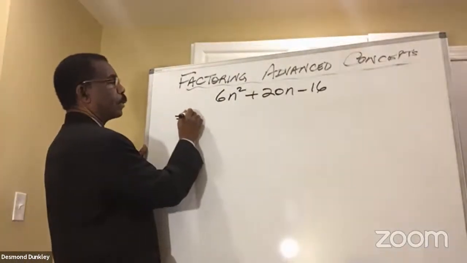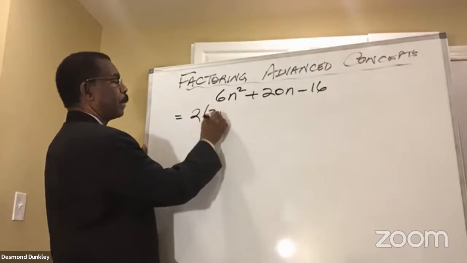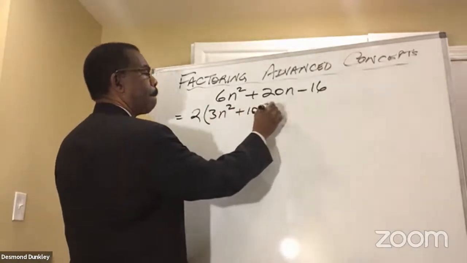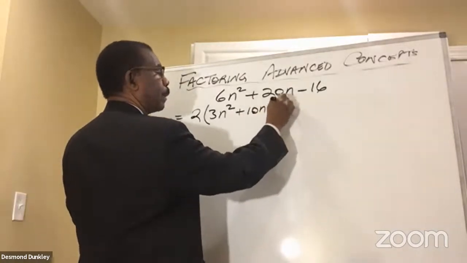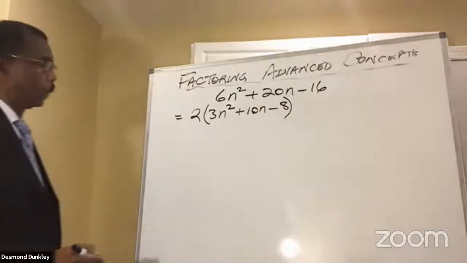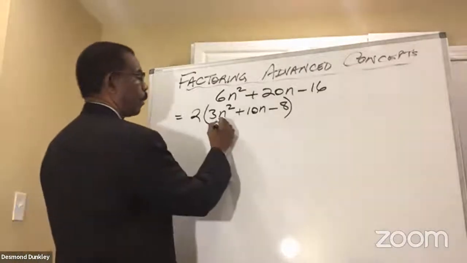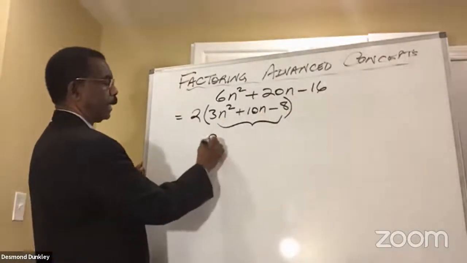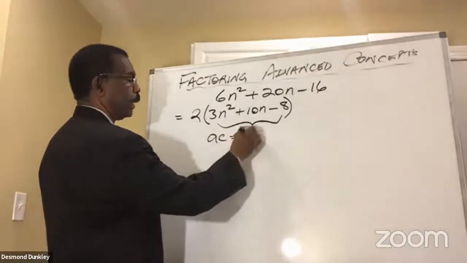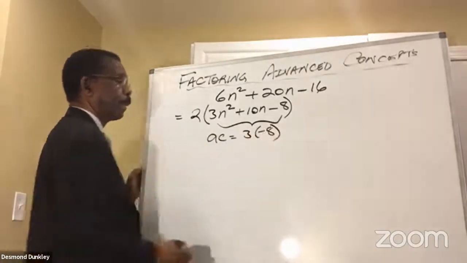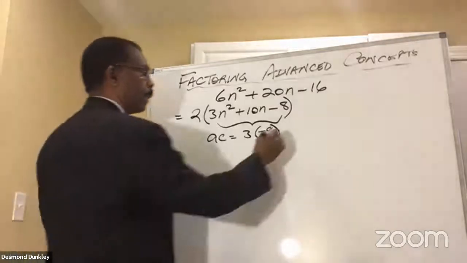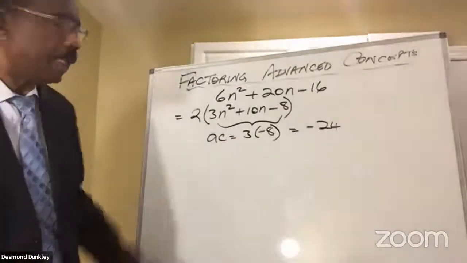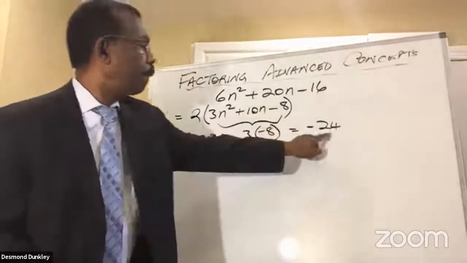So this is equal to 2 times 3n squared plus 10n minus 8. And now we focus on this. A times c is equal to 3 times negative 8, which gives us negative 24. So our AC is negative 24.